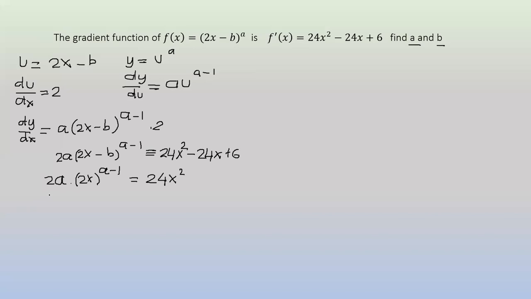So it's going to be 2a times 2 to the power a minus 1 times x to the power a minus 1 equals 24x squared.